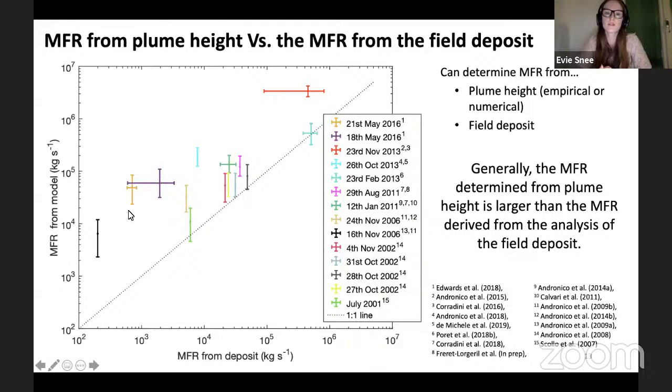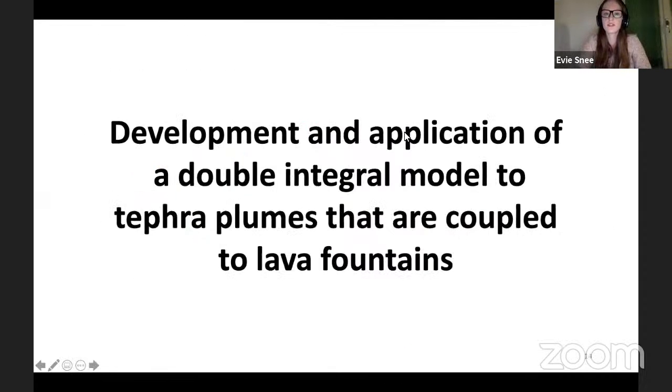So we want to understand further, why do we have these discrepancies? To do this, we have developed a new model. It's a double plume integral model, and we're going to be applying it to these eruptions to try and understand their dynamics further.